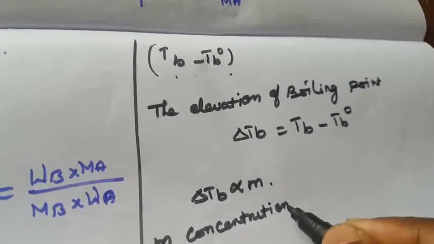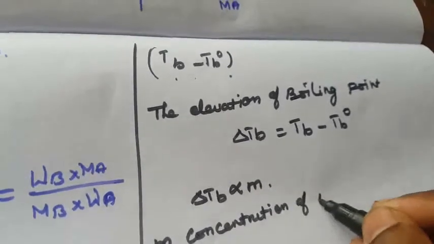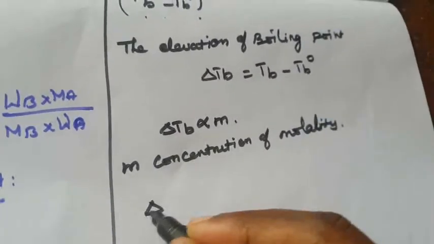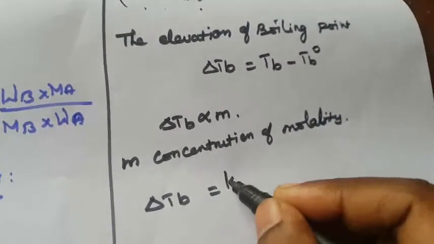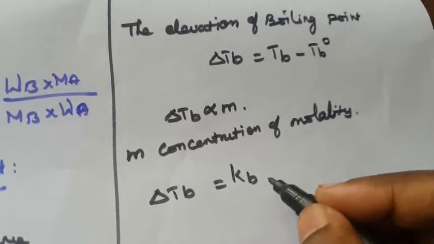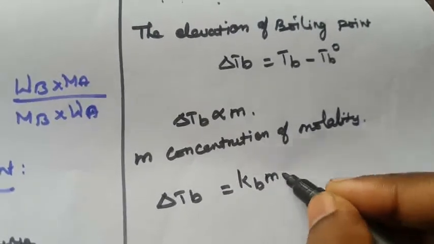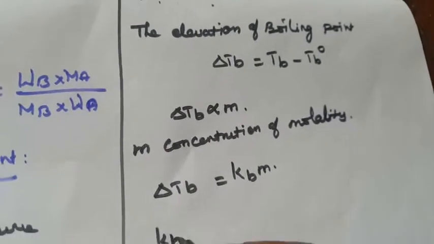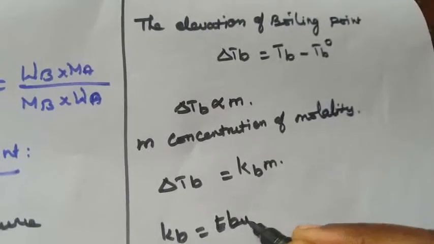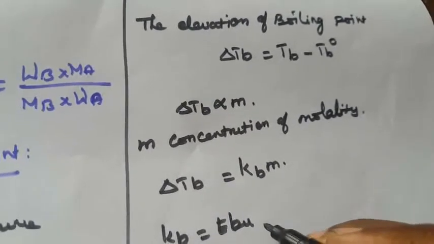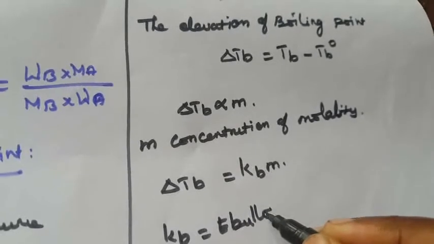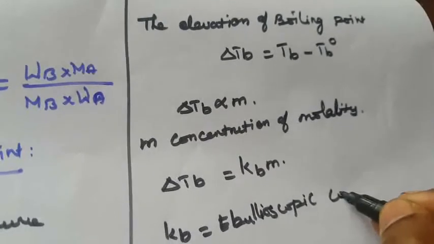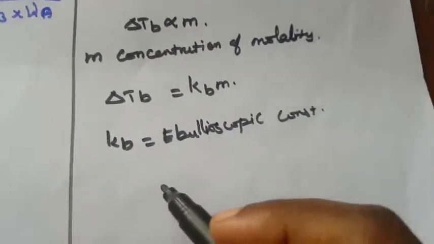Delta TB is equal to Kb into m, where we introduce the constant Kb, the ebullioscopic constant, or molal boiling point elevation constant.